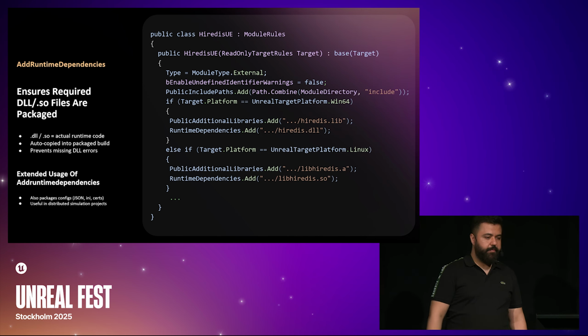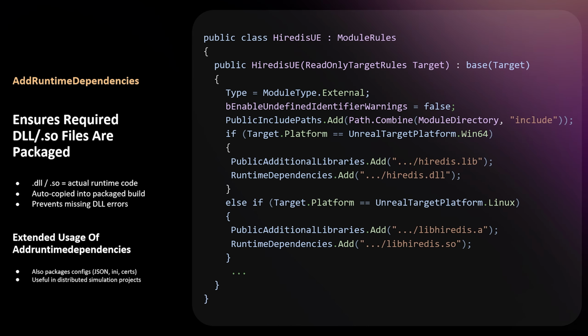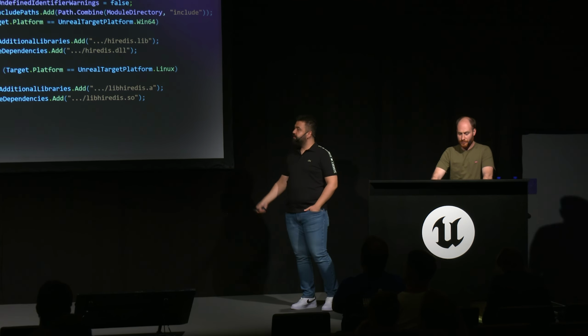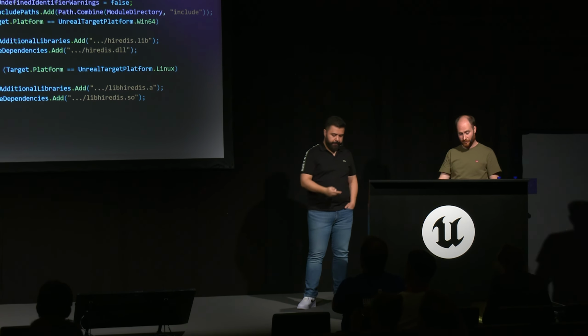And finally, runtime dependencies allows you to automatically copy the desired file into your packaged project. You can also use this one if you have JSON, XML, or any other third-party file. So that was actually it for the Build.cs. If you do this setup, you can use any other third-party libraries actually.